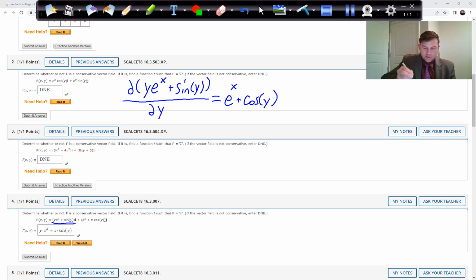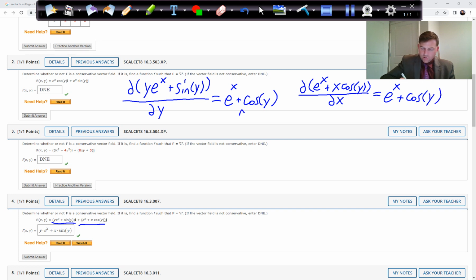Derivative of sine y is cosine y. Then we're going to take the partial derivative of the second component, e^x plus x cosine y, with respect to x. Derivative of e^x is e^x. The x cosine y term, cosine y is considered just a constant, so the x would just go away, and we would be left with cosine y.